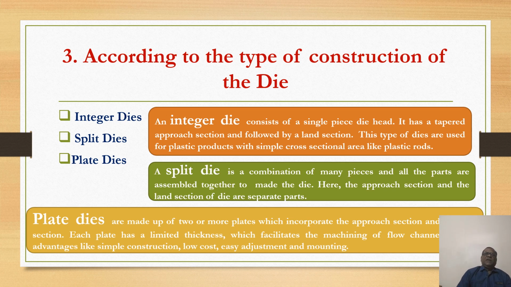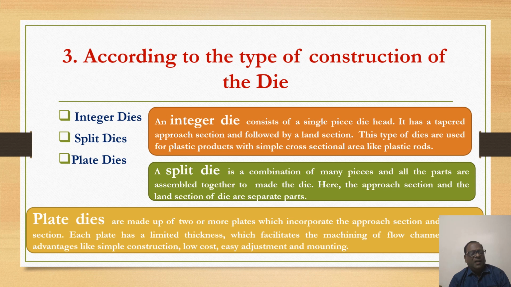So an integer die consists of a single piece of die head. It has a tapered approach section followed by a land section. This type of die is used for plastic products with a very simple cross-sectional area. Suppose you want to make a plastic rod, then there is no need of complicated geometry, because the part doesn't have any complicated geometry.